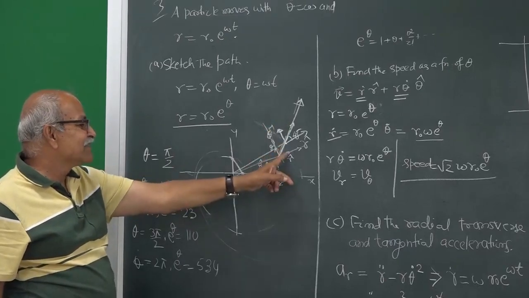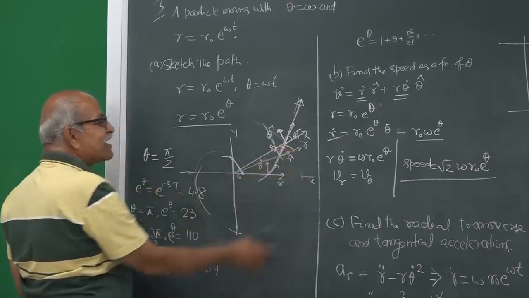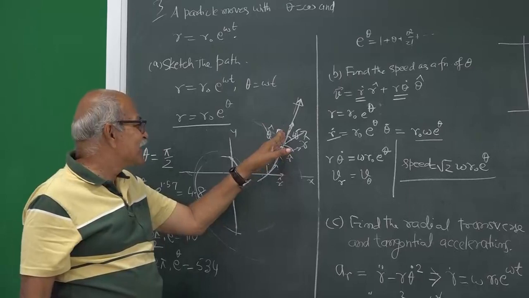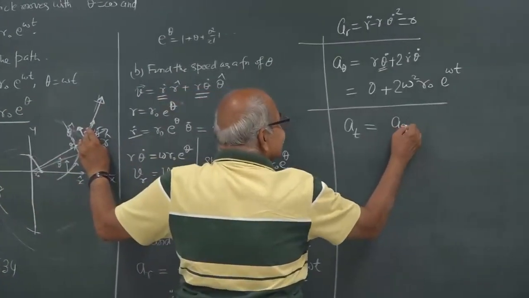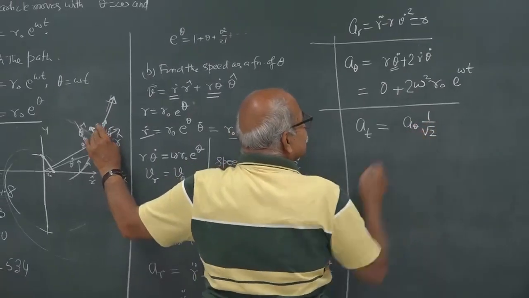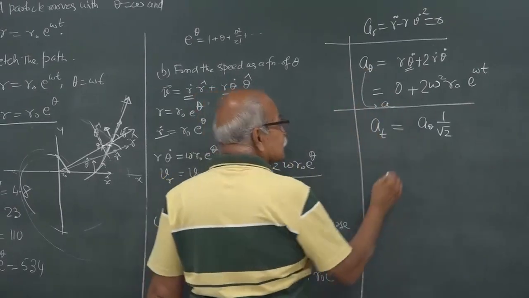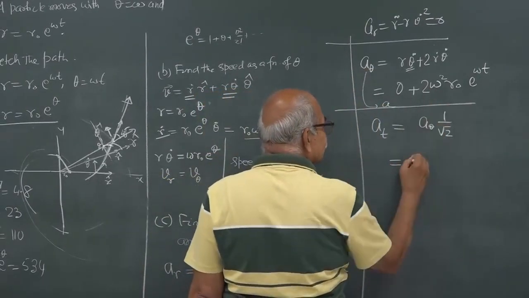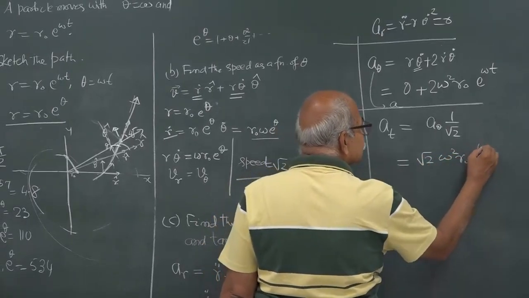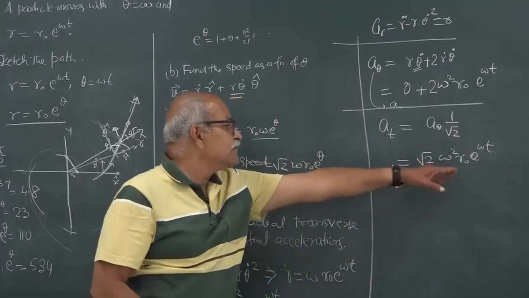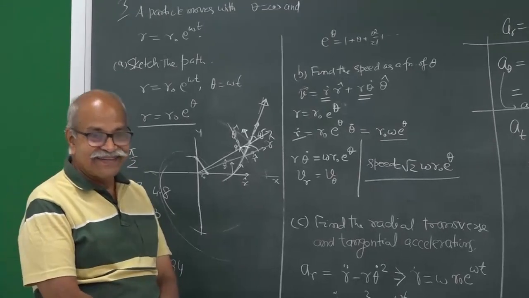Since we have seen that this angle is 45 degrees, cos of 45 degrees is 1 by root 2, and therefore this is a theta times 1 by root 2. So, this is root 2 times omega square r naught e power omega t, or e power theta if you so wish. That gives you the tangential acceleration.